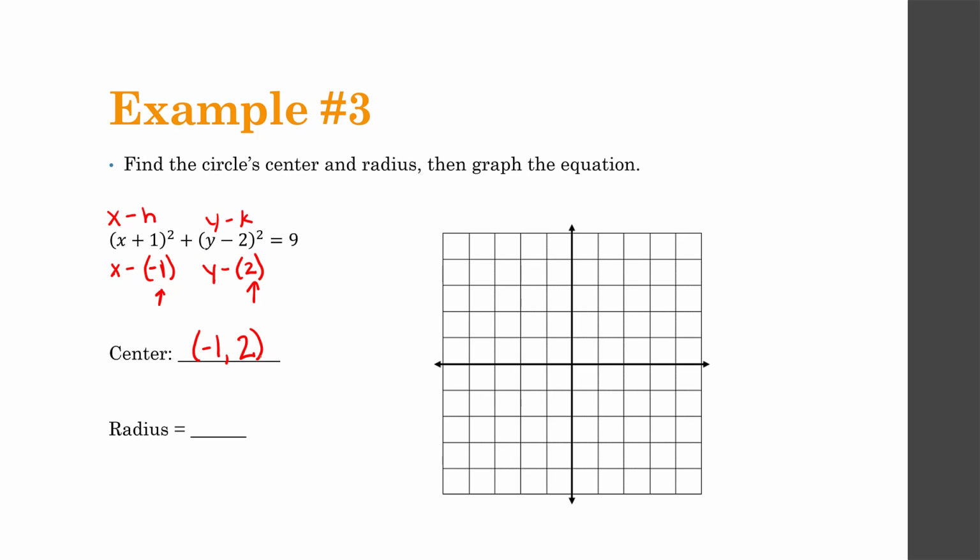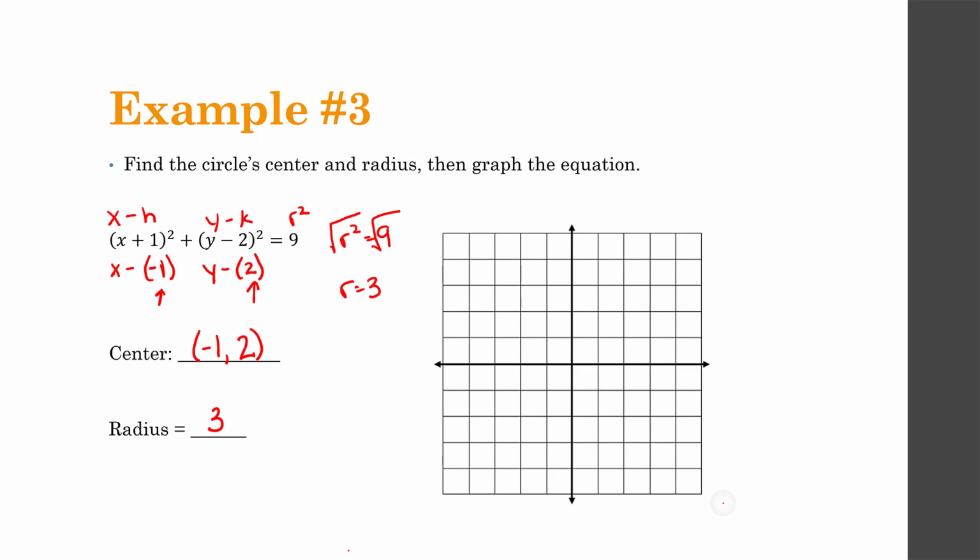Now our radius. This equals r squared. So r squared equals 9. To undo the squared on r, we square root. So r equals 3. Now graph it.